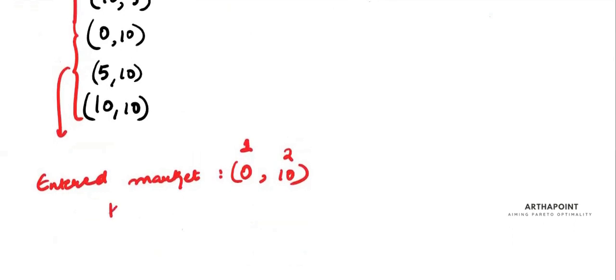Well, how are we telling that any of these points is something which would be affordable to the individual? How are we going ahead and telling this?